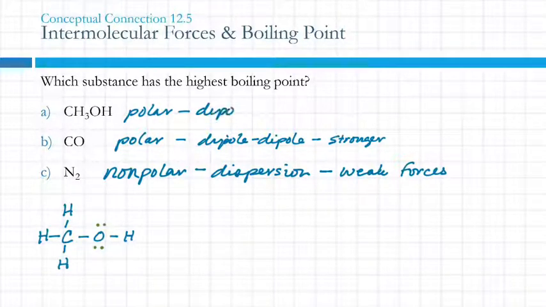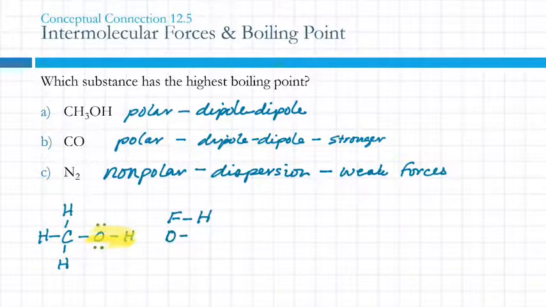Does this meet the criteria for hydrogen bonding? Phone home. I think so. Yeah, we have an oxygen directly bonded to hydrogen. So for hydrogen bonding, we're looking at a fluorine-hydrogen bond, an oxygen-hydrogen bond, or a nitrogen-hydrogen bond. So it's got this one. This one has dipole-dipole forces plus hydrogen bonding.